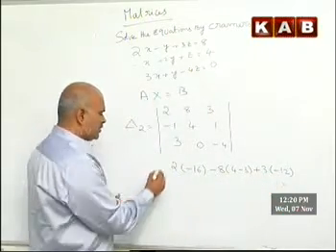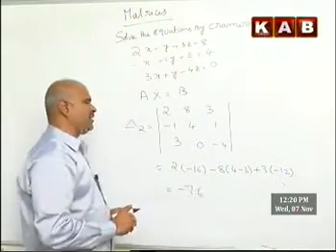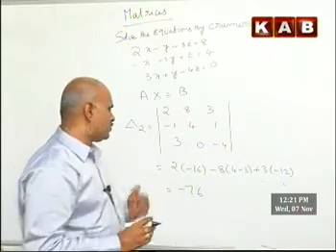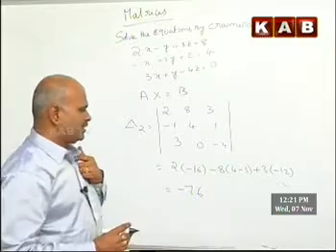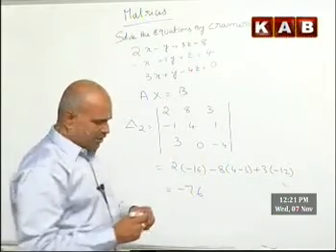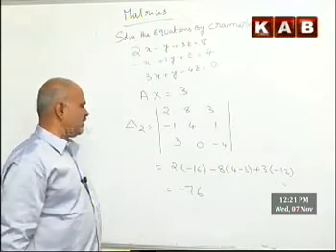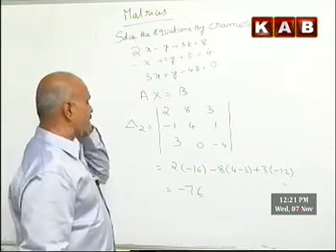By simplification, it gives minus 76. Delta 2 is also equal to minus 76. Delta 2 will become minus 76 and delta 1 is already minus 76. Delta is minus 38. Okay, we got it like this.